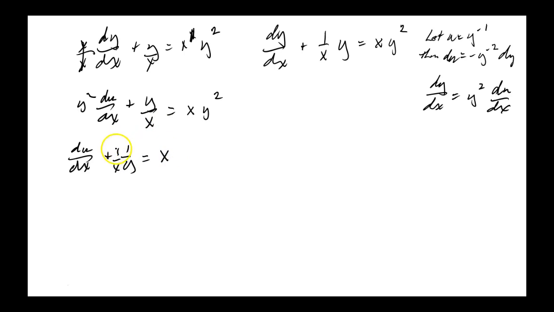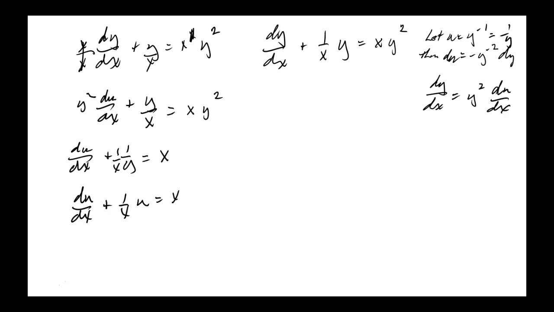In this form, but remember 1 over y is u. So this is now du dx plus 1 over x u is equal to x. And that is indeed a linear form. Okay? That is a linear form. It wasn't just happenstance. Because of the way we chose the variables, this is what comes out.